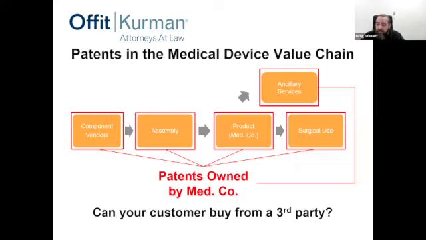That's what I mean, literally what's happening with the implant and the suture and the anatomy and its interaction.